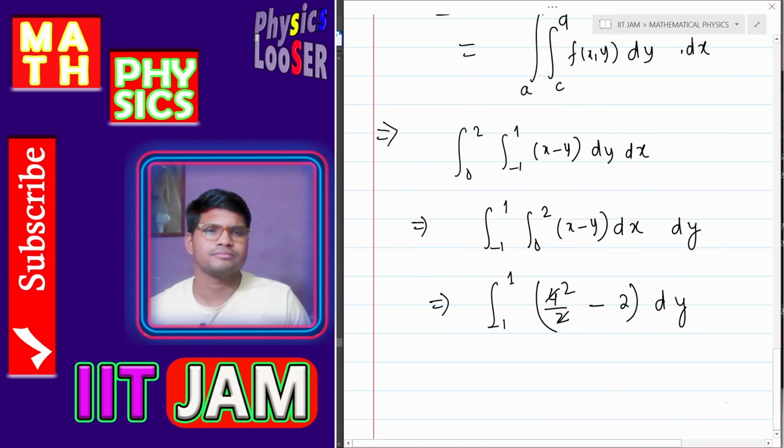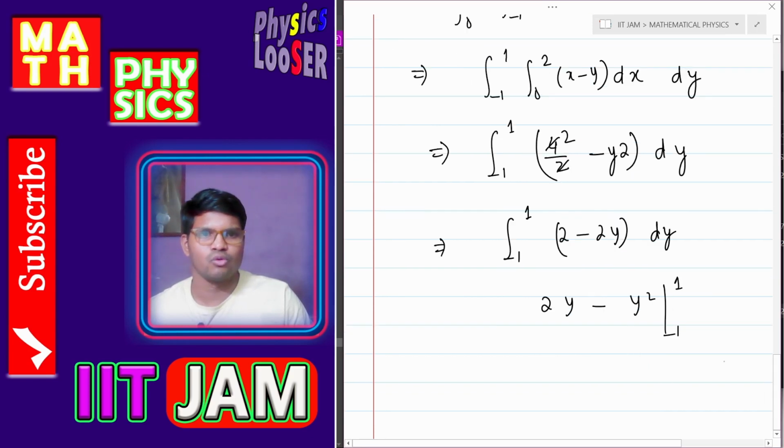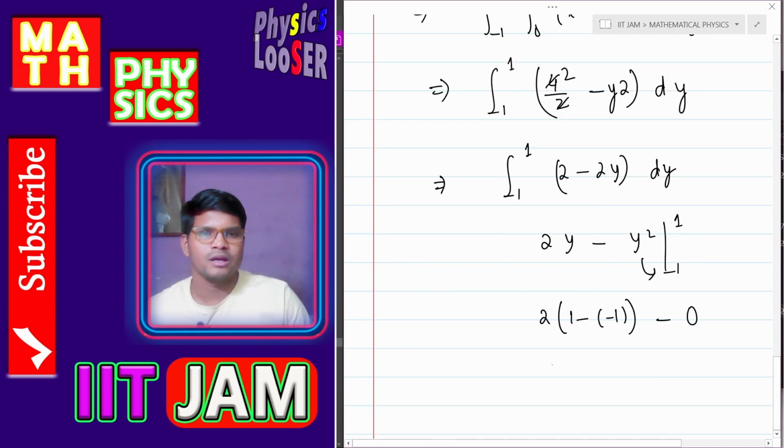What's going on, this has to be 2y. So now I can write 2 minus y, therefore this will be like 2 minus 2y into dy. So here I will get 2y minus y square, because y square over 2 cancels out, and therefore I'm going to take minus 1 to 1. So 2 becomes 1 minus of minus 1, and since it is y square, therefore this will become 0. Therefore 2 times 2 is 4.